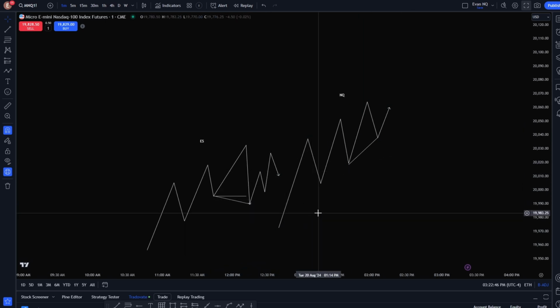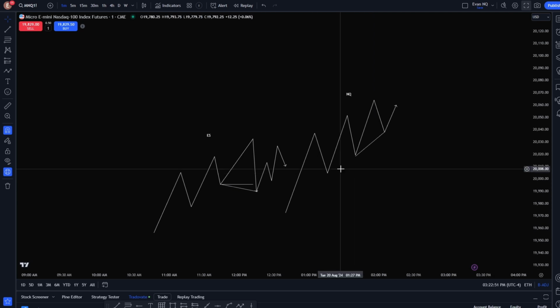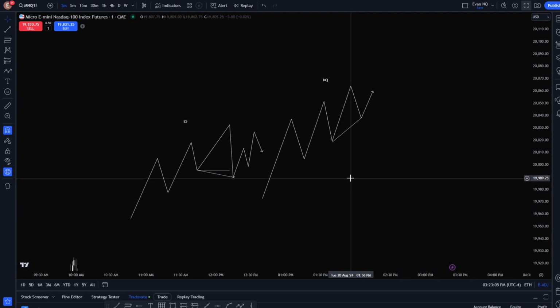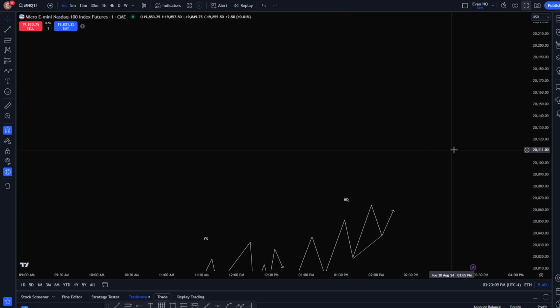So that is an SMT. That's a divergence between assets, and it's a form of manipulation because it's basically tricking traders into thinking they're bearish, and then it just fakes you out and stops you out. It's manipulation. That's one form of manipulation that I look for.